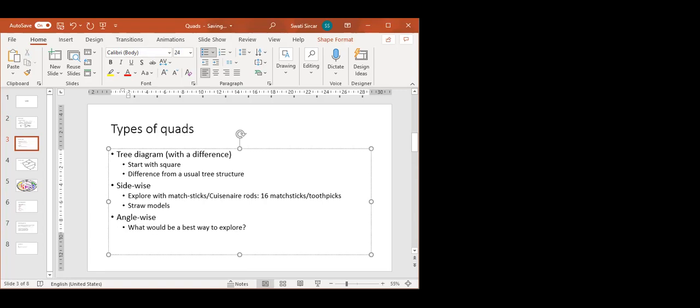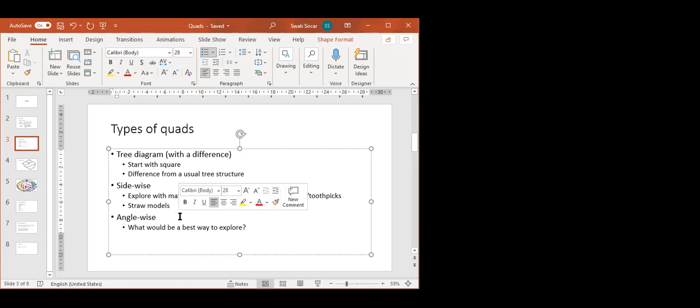And how do you distribute that? If you have Cuisenaire rods, because they have fixed lengths, 1, 2, 3, 4, that will make life a little easier. But if you don't have them, that's fine too. Once you make them, then you can get to straw models. I'll turn on video to show you straw models a little later.